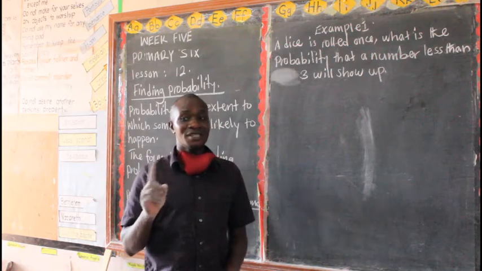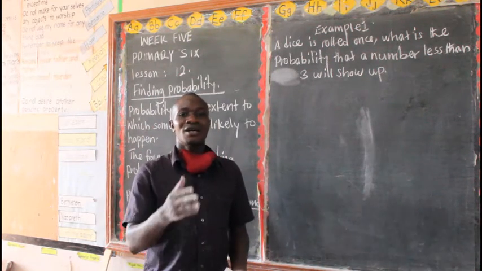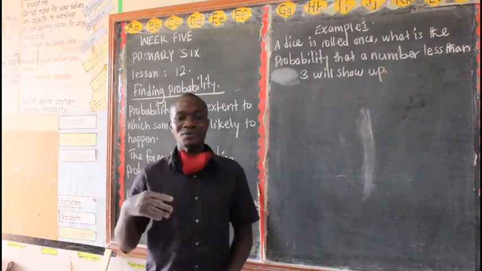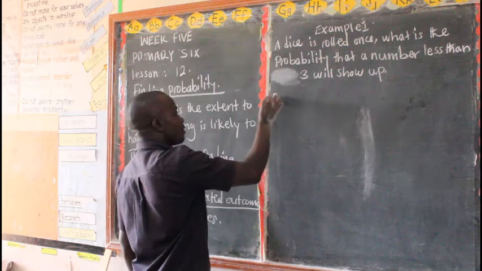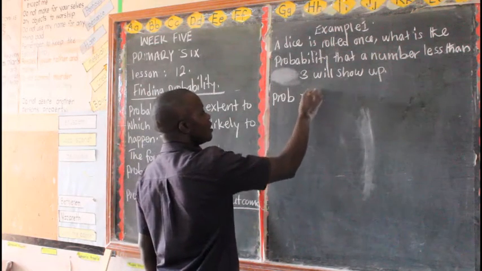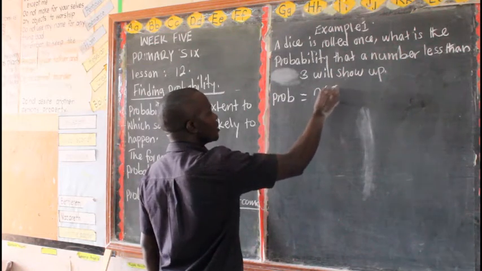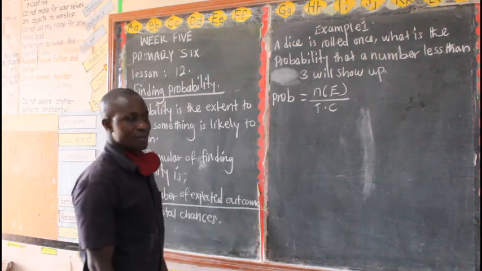A dice has 6 sides, each side having a number from 1 up to 6. So probability is equal to number of expected outcomes out of total chances.